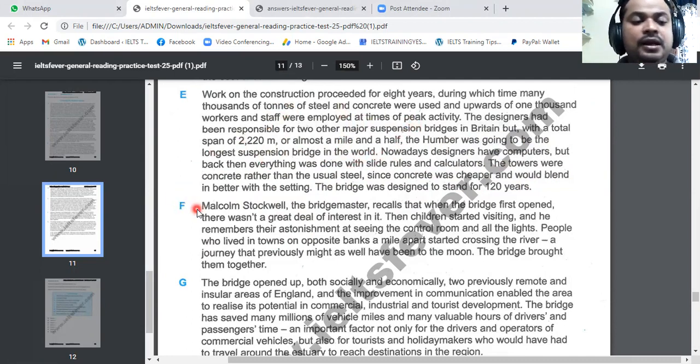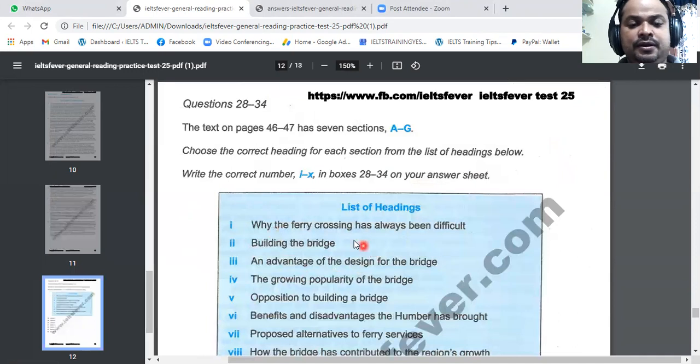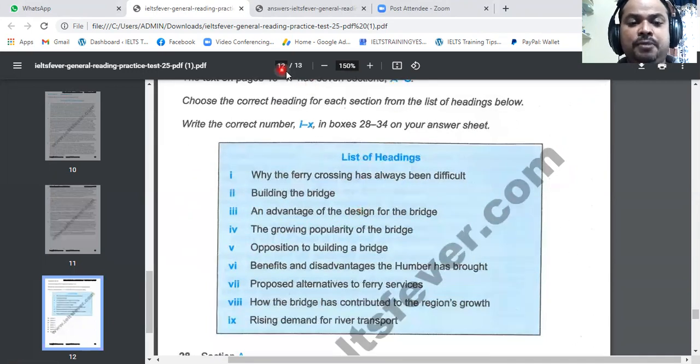So let's see. Option number one, it is not the thing. Yes, it can be the thing. No, it cannot be the thing. There is no design set there. There is no advantage there. This has already been answered there, so I have to exclude this.